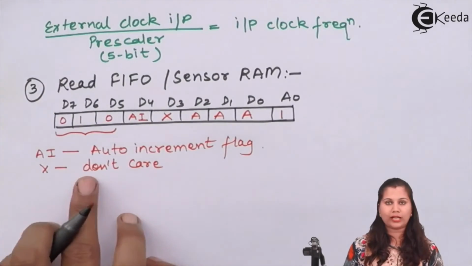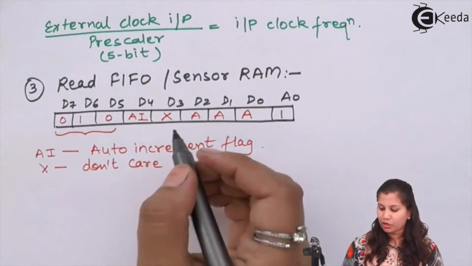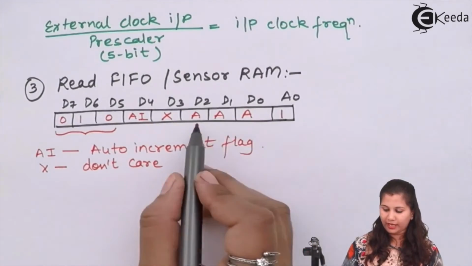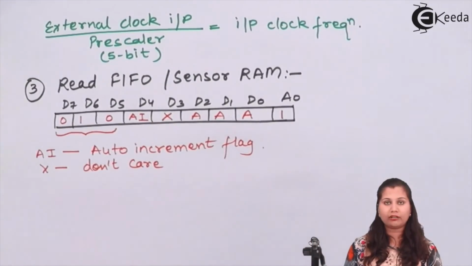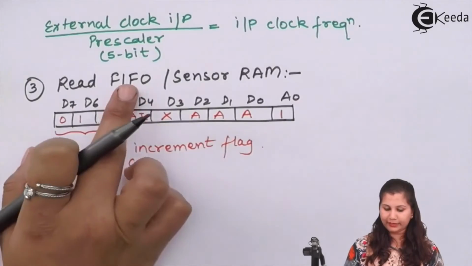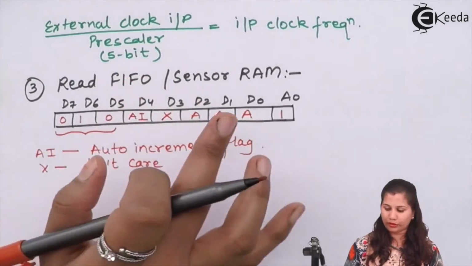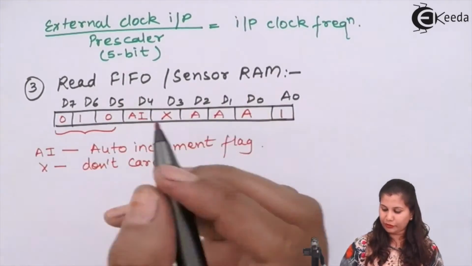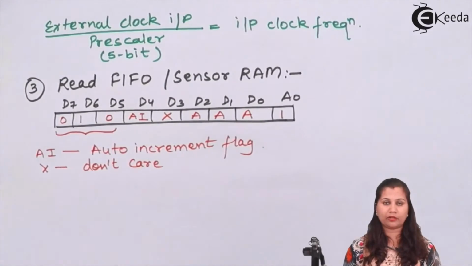That is why they are known as don't care bits. D2, D1, D0 are AAA, which are the address pointer to the 8-bit FIFO RAM. Whenever we want to read some data from a memory, we want the address of the memory location.